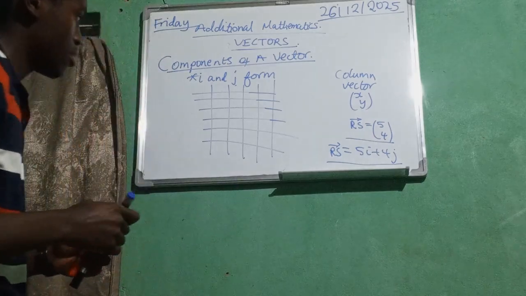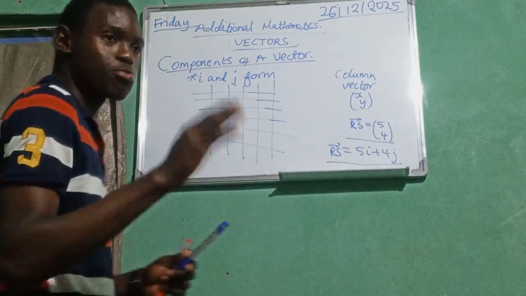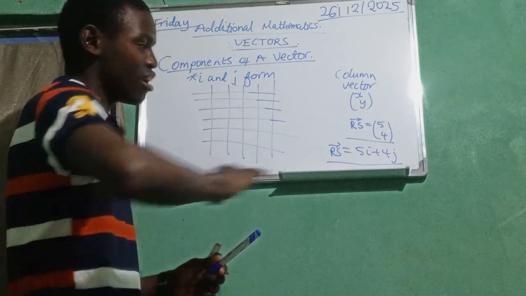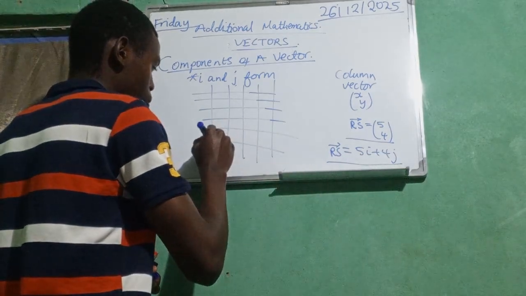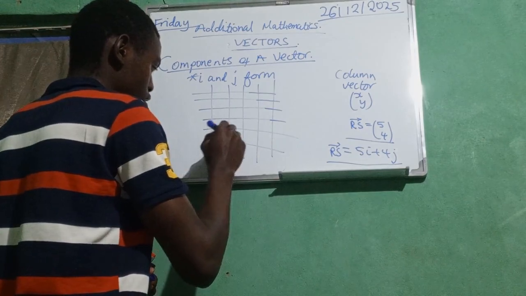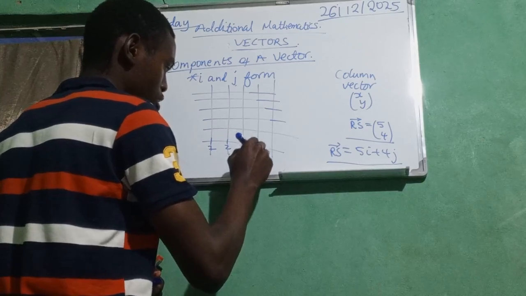Alright. So, we have our 5i. 5i represents movement in the direction of the x-axis. So we have our 1, 2, 3, 4, 5.